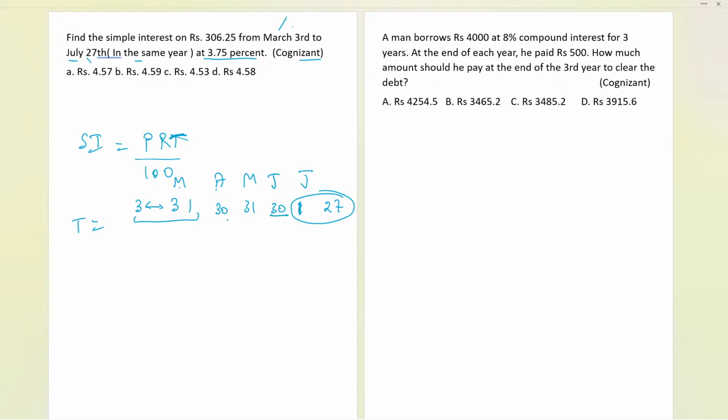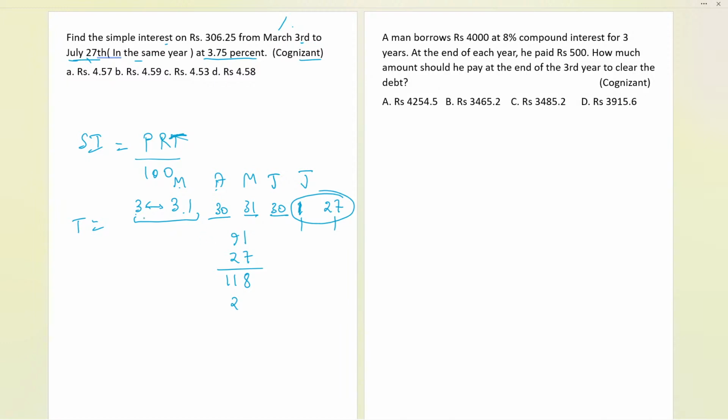Now let us add: 30, 30, 60, 91. Now here it will be 27. So this we have got as 118. Now here we have 31 up to 3, so 28, and 118 plus 28 gives 146.